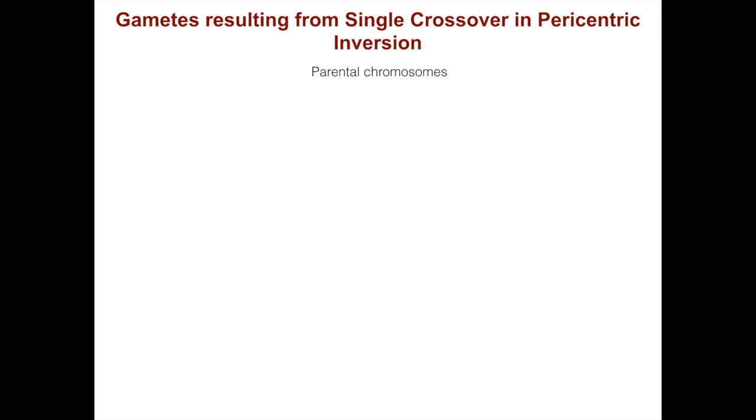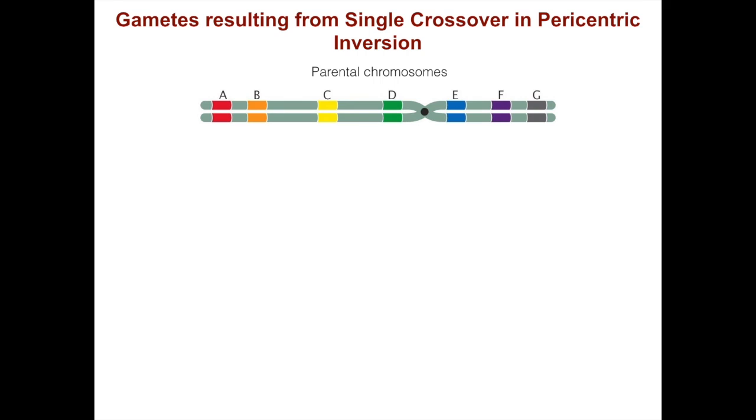So let's look at the gametes resulting from a single crossover and a pericentric inversion. So here are what the parental chromosomes look like during meiosis. You have one normal chromosome that has the full complement of the genes that are necessary, and it has its 2 sister chromatids.